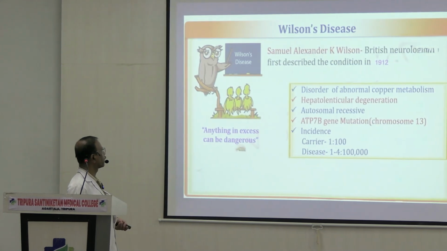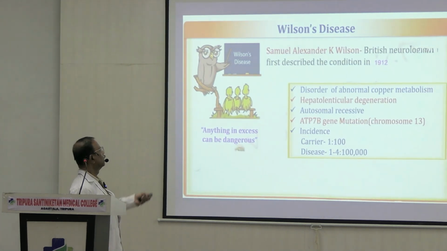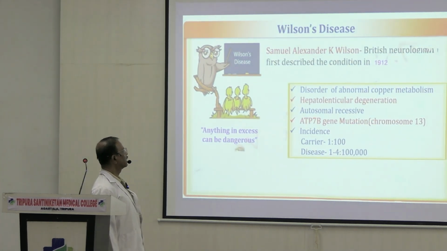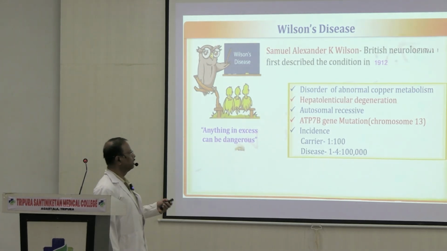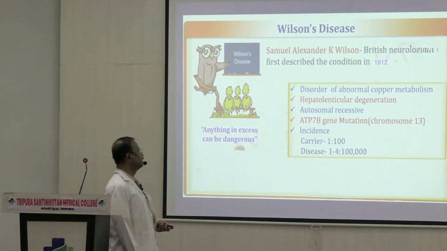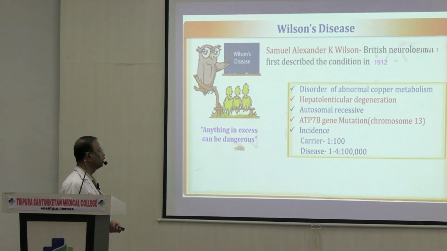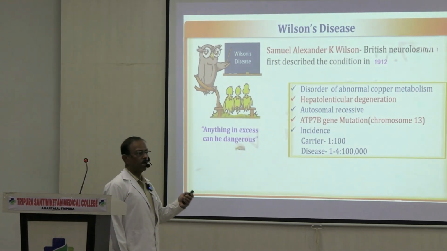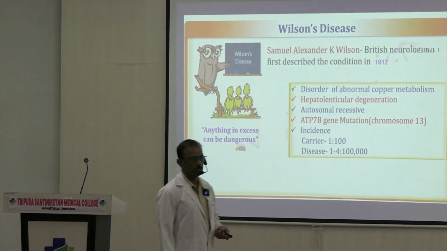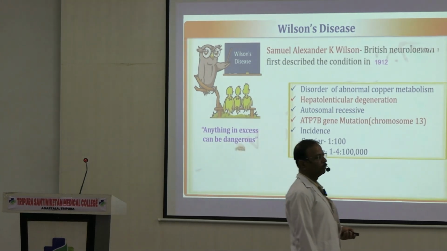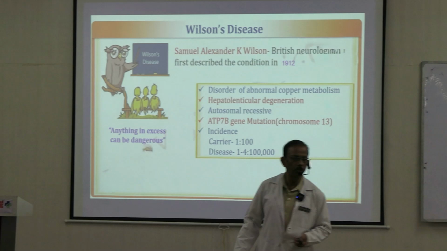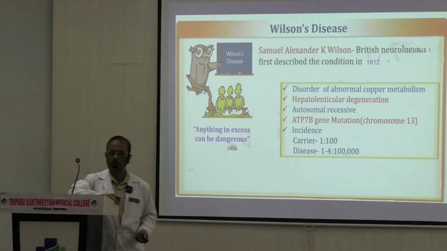Let's see. Wilson's disease was first described by Samuel Alexander Wilson in 1912. This is a disorder of copper metabolism. There is hepatolenticular degeneration. Hepato means liver damage will be there. Lenticular means the lenticular nucleus of the brain will be damaged.